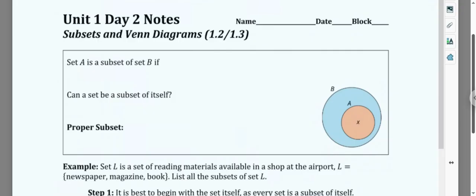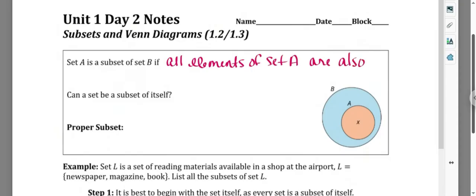So, set A is a subset of set B if all of the elements of set A are also in set B. Okay?